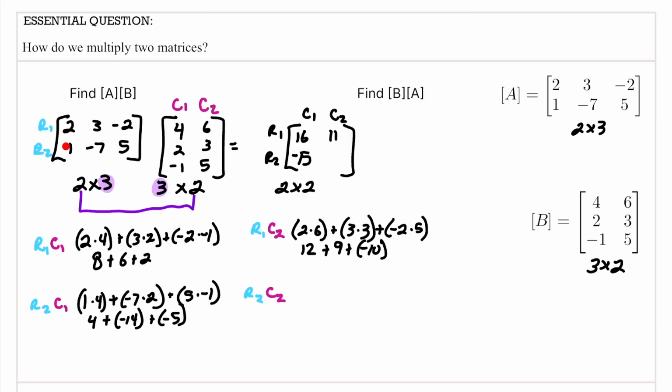And so now we're looking at this row by this column. So we're going to go 1 times 6, negative 7 times 3, and then 5 times 5.